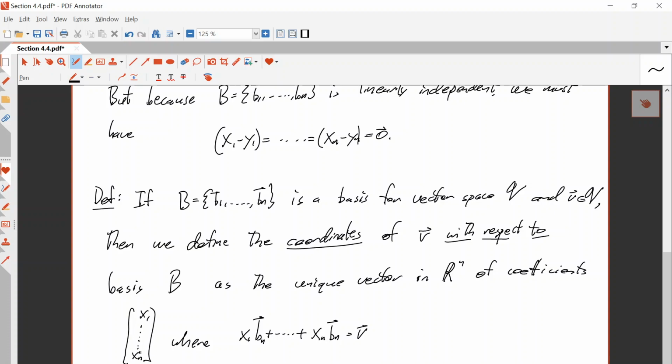We'll talk more about that as we go along. This vector is denoted [v]_B, the vector x1 to xn. So rather than writing this every time, you sometimes use this notation.